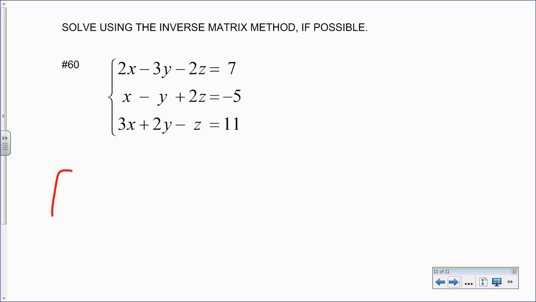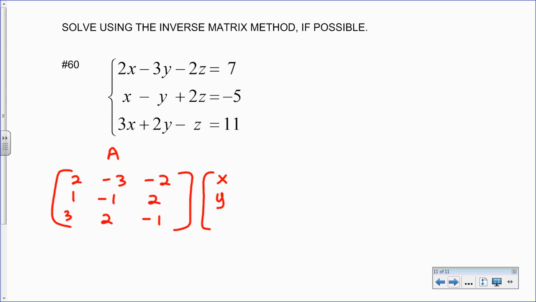So you want your coefficient matrix. So 2, -3, -2, 1, -1, 2, 3, 2, -1. So that's your matrix A. You want your variable matrix. This time there's 3, x, y, and z.